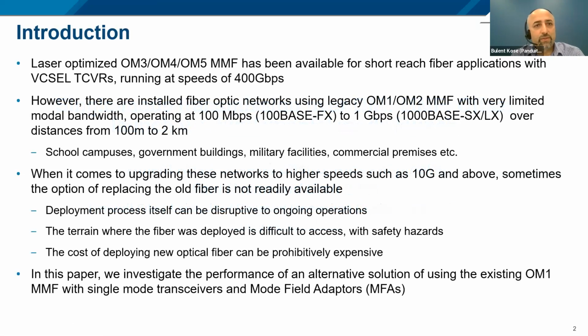So I'd like to introduce this topic before I go into some of the measurement results and this technical study that we've done. We've been looking at this for a couple of years in our research lab here at Panduit.